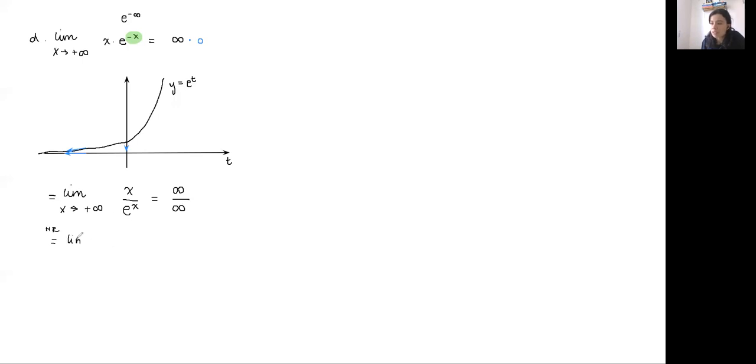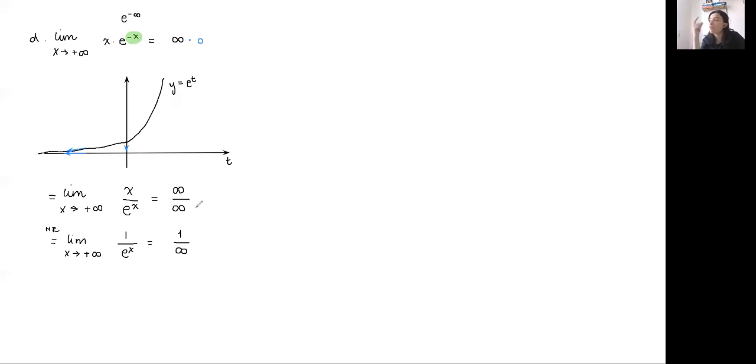So this is the limit when x goes to plus infinity of the derivative of the numerator, which is just 1, divided by the derivative of the denominator, which is just e to the x. And this is just going to be 1 divided by e to the power of x when x is really, really large, which is something very large as well.